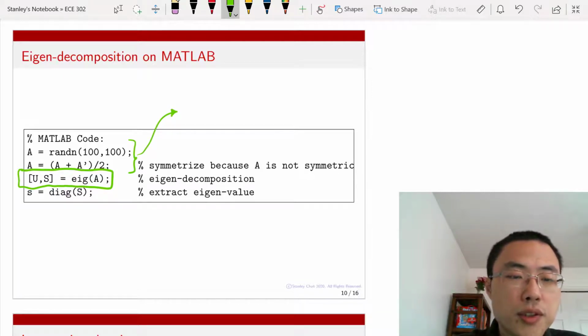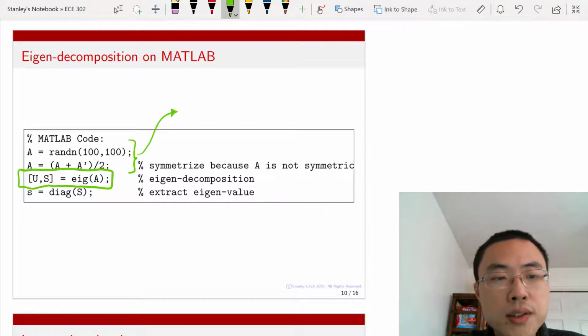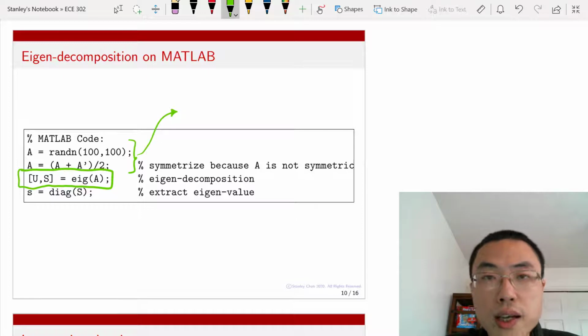In this example, it just says that A is a 100 by 100 random matrix. I need to symmetrize it by taking the sum of its transpose divided by 2. Otherwise, you won't be able to get the eigenvalues and eigenvectors being real.